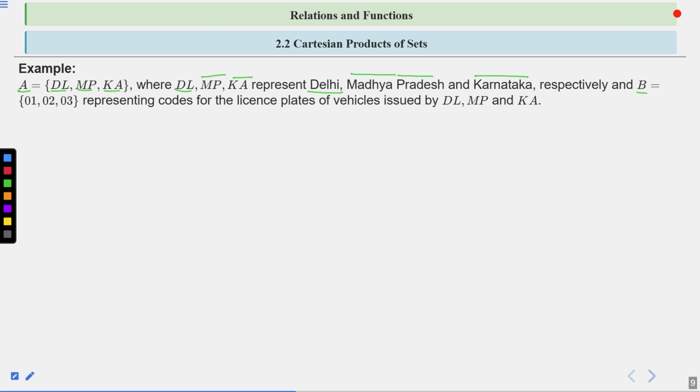And you have another set B with three elements, 01, 02, 03. These just represent codes for the license plates of vehicles issued by DL, MP or Karnataka. Clear?